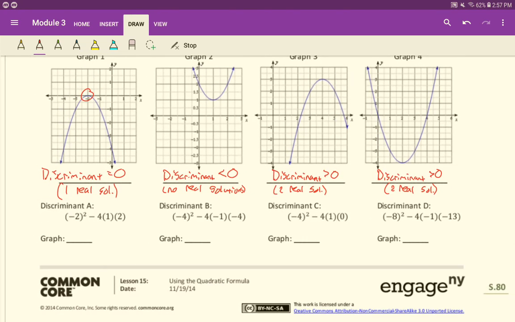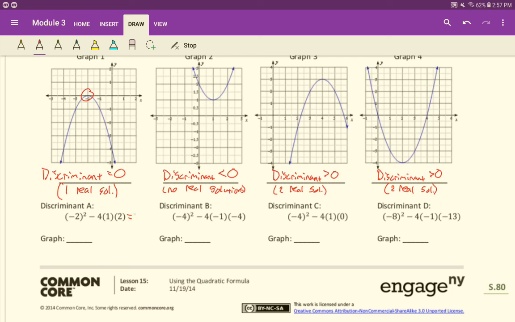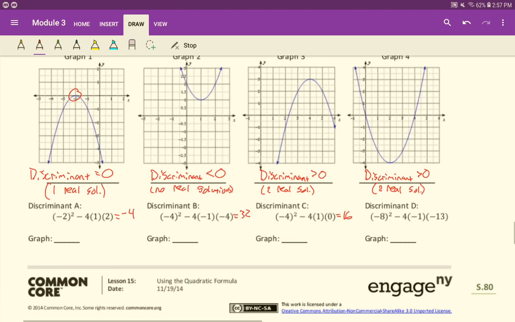And now we want to match the graph with the correct discriminant. So just evaluate all these discriminants here and see what values you get. Take a couple seconds and go ahead and do it. Okay, so this discriminant, when you evaluate it, should give you -4. This discriminant here, discriminant B, will give you 32. This discriminant here will give you just 16.